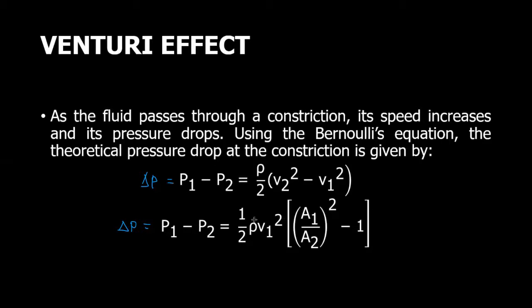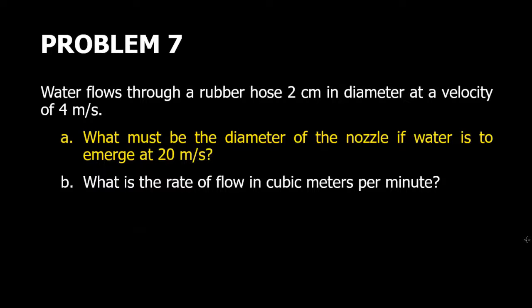Kaya naman, 1/2 rho v1 squared times the square of the ratio of the cross-sectional area minus 1. So itong part na ito, nanggaling rin naman dito, plus yung continuity equation. So i-derive nyo na lang, kaya nyo naman yan, mamaw naman kayo. Anyways. Now we have the problems.